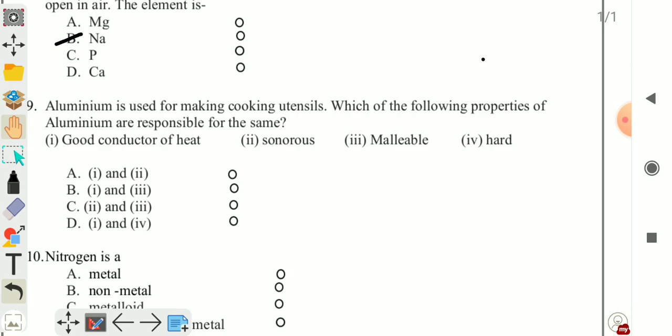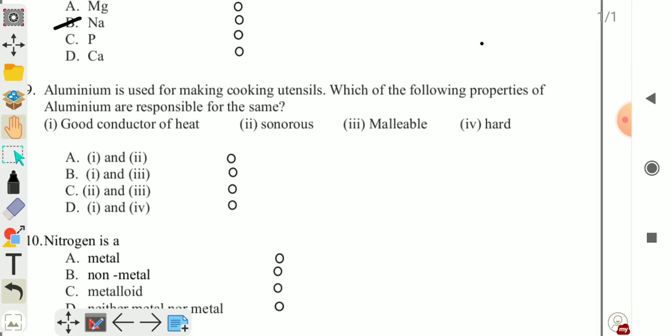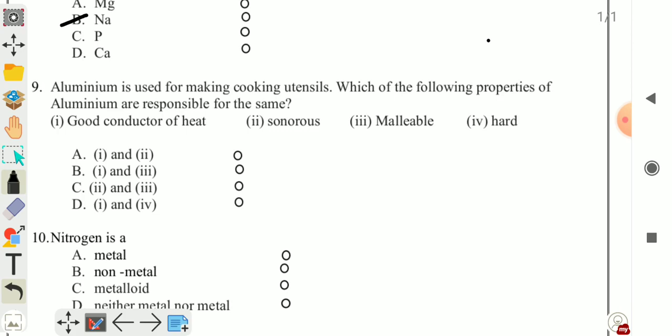So you have to select the properties which are used for making cooking utensils of aluminium, because they are good conductor of heat and they are malleable. So correct is 1 and 3. Correct answer will be B, 1 and 3.